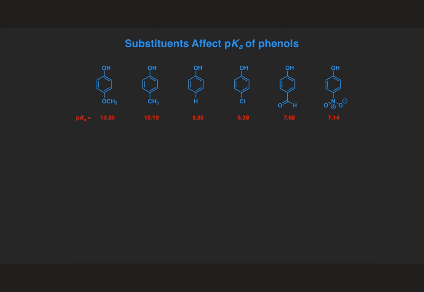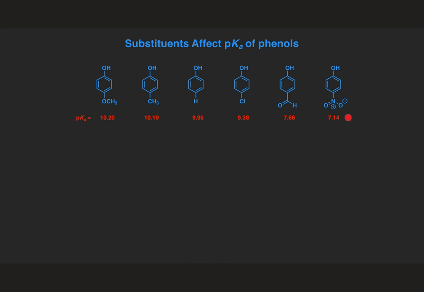Substituents can also affect the pKa of phenols. If we look here, paramethoxy phenol has a pKa of about 10.2, whereas paranitrophenol has a pKa of 7.14. So in fact, the substituents of phenols affect the pKa even more than they did for a carboxylic acid.